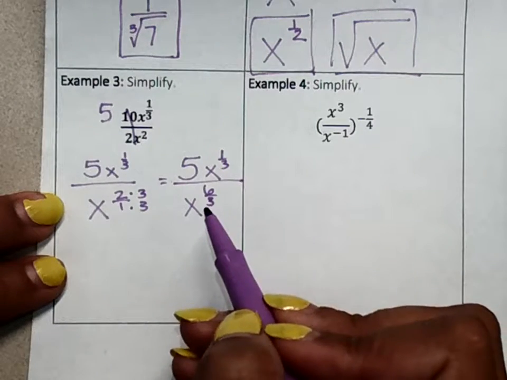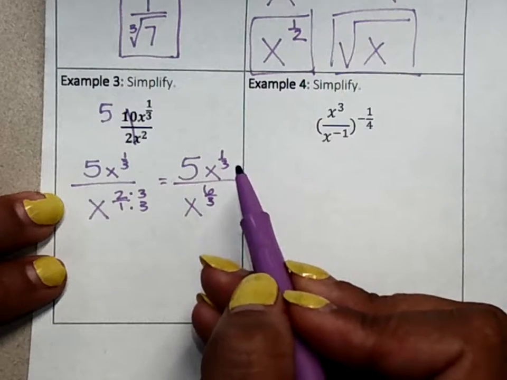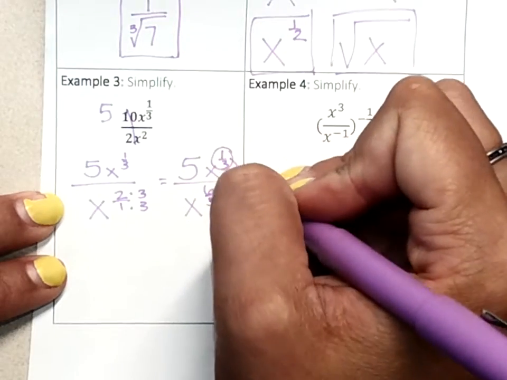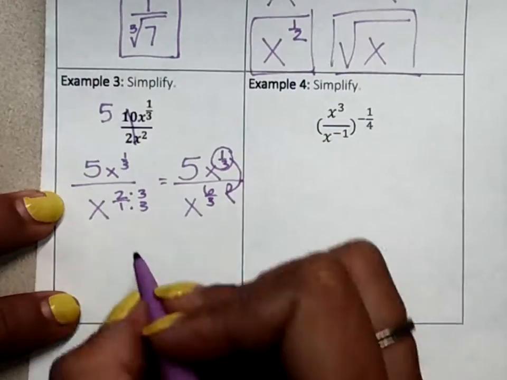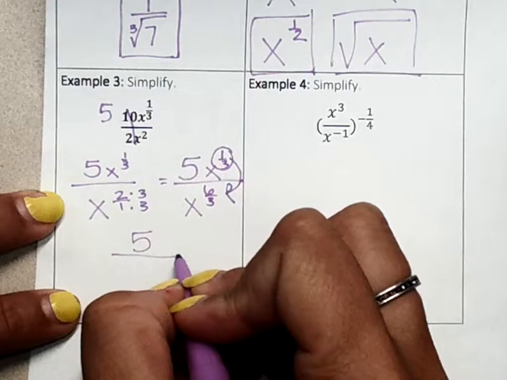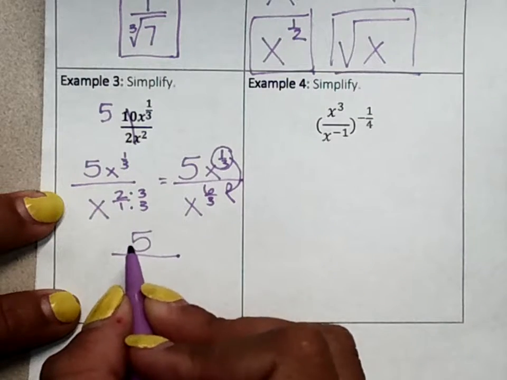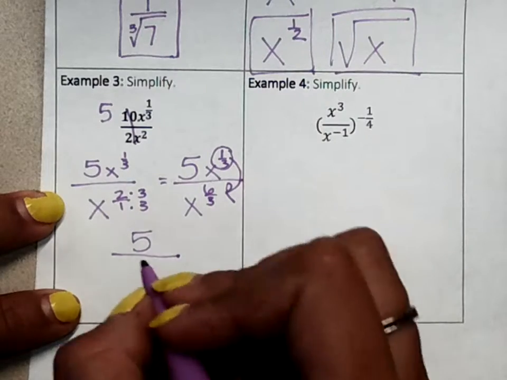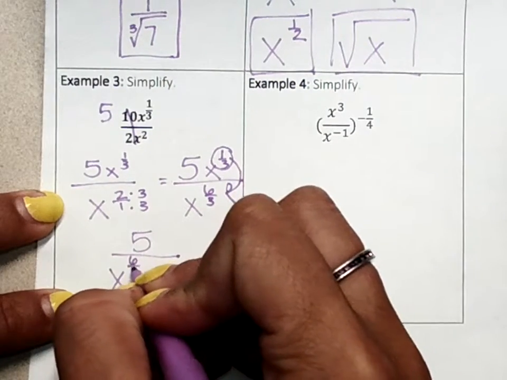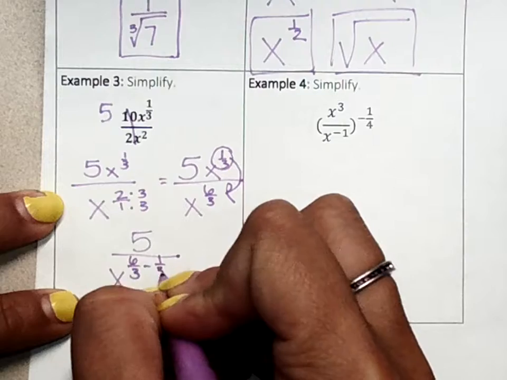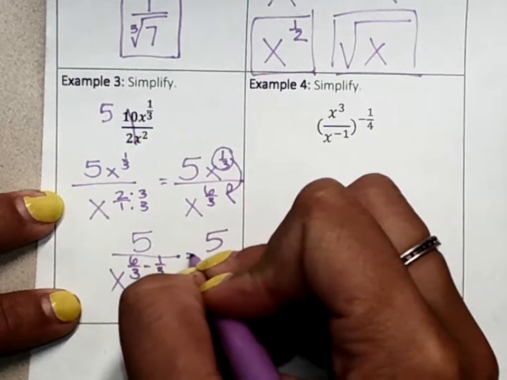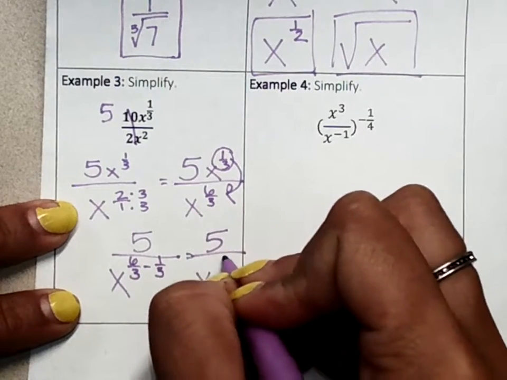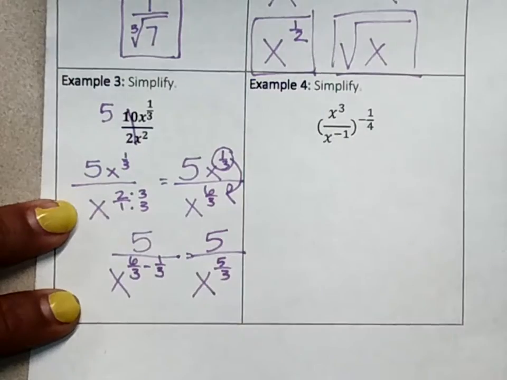We know that 6/3 is bigger than 1/3, so we will bring this down to subtract. We are left with 5 in the numerator. We don't need the placeholder 1 because the 5 is there, and 5 times 1 would give us 5 anyways. 6/3 take away 1/3 gives us 5 times x to the 5/3.